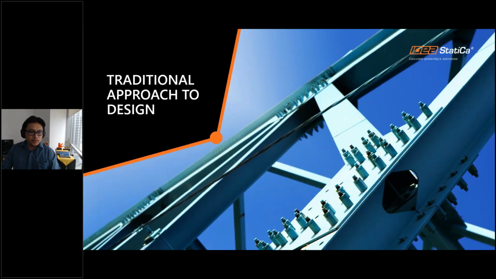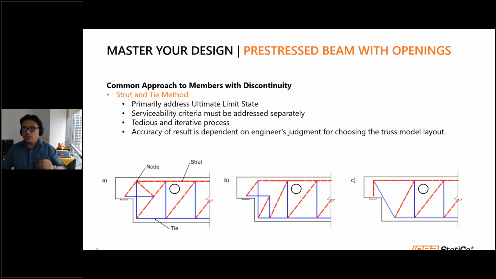One of the traditional approaches, a very common method to design structures with discontinuity, such as beams with openings, is obviously the strut and tie method. While this strut and tie method is a proven method over the years to be effective in addressing ultimate limit state, there are some limitations when addressing serviceability criteria.